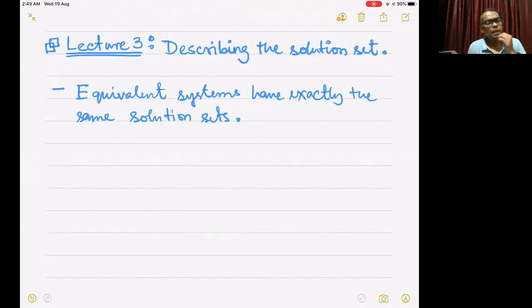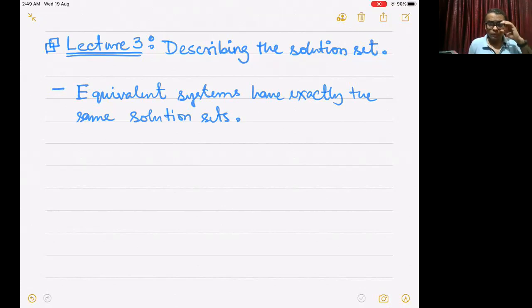Listen carefully: every equation in system 1 is a linear combination of equations in system 2, and every equation in system 2 in turn is a linear combination of equations in system 1. Then we say that system 1 and system 2 are equivalent systems.